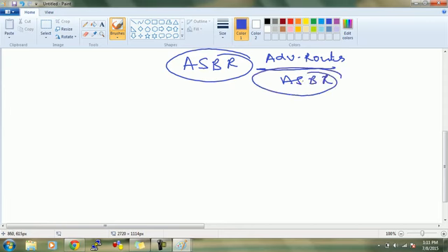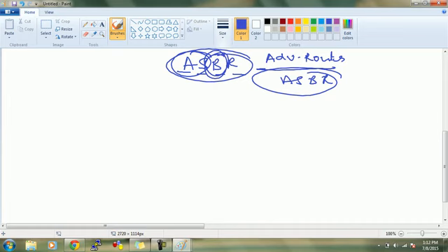Now, autonomous system border router, जो मेरी AS का क्या है? बॉर्डर। जो मेरी AS को क्या कर रहा है? डिवाइड। जो दो डिफरेंट राउटिंग प्रोटोकॉल्स को क्या कर रहा है? डिवाइड। This thing is clear? The router which is dividing two different domains is called ASBR, but it is only called ASBR if one domain is OSPF.